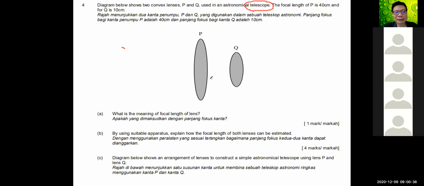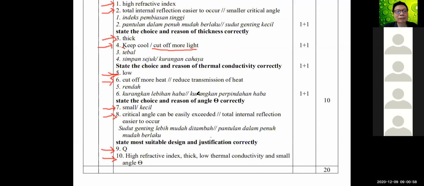Like the first question, they ask what is the meaning of focal length? I think yesterday we discussed this, right? Good, you see the answer faster.